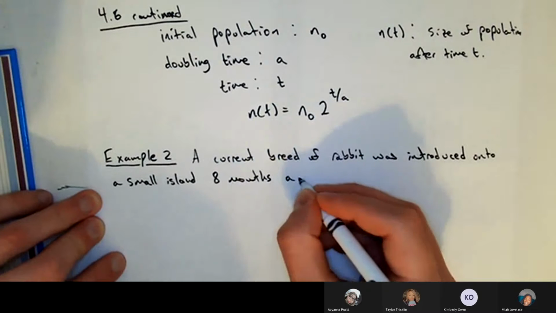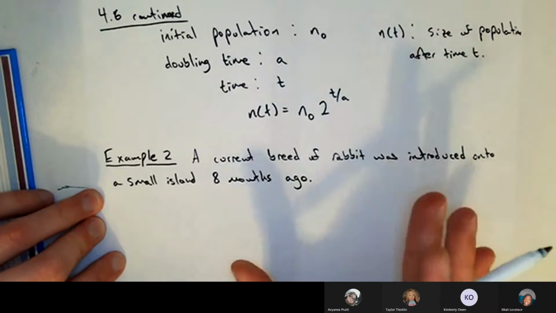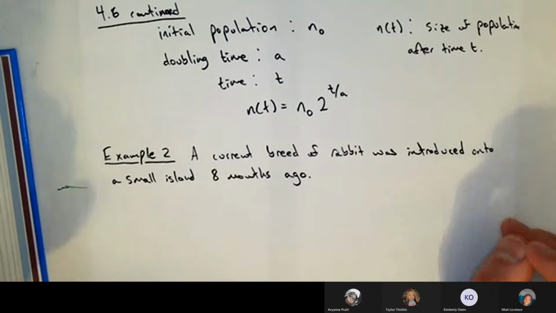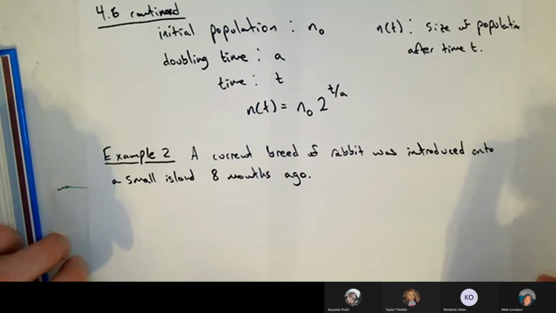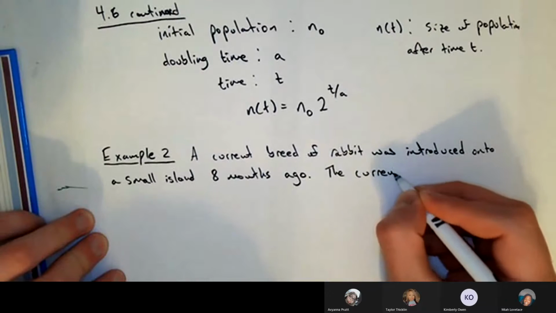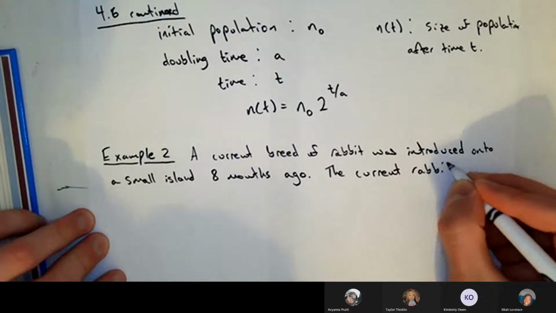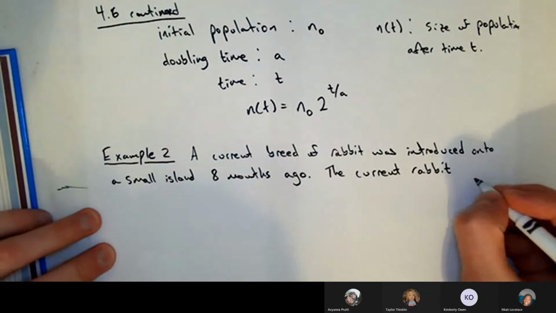So maybe you've heard about these things that happen where species that are not native to a place are introduced and they sort of take over because they're able to reproduce so quickly. And it can be a problem. It's so much of a problem that there are laws that prohibit people from bringing non-native species into certain places.